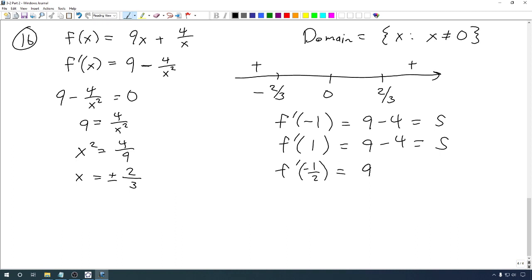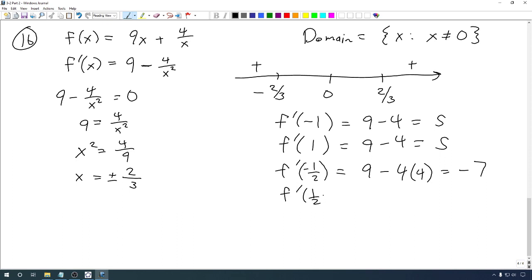Then we have 9 minus 4 over the square of negative 1/2. Well, the square of negative 1/2 is 1/4. When we're dividing by 1/4, that means we end up multiplying by 4. So really we're going to take 4 times 4. So we actually have 9 minus 16. That's a negative 7.